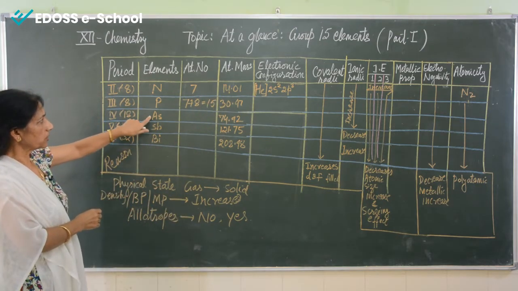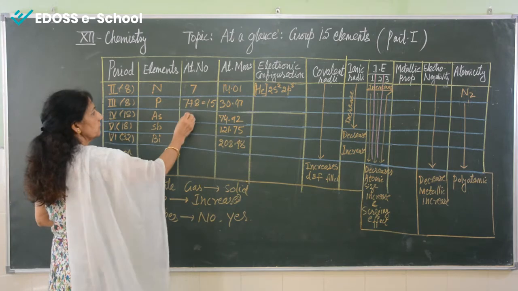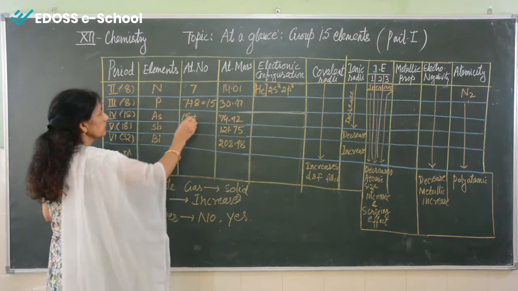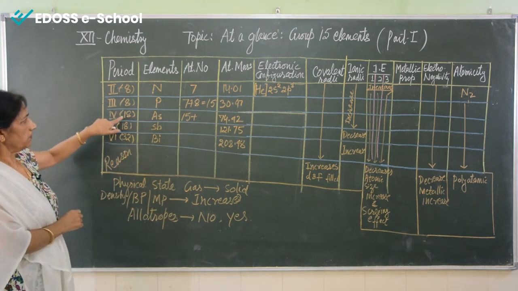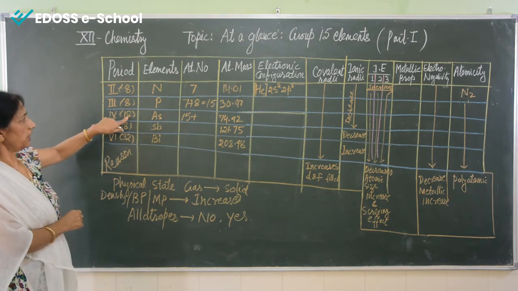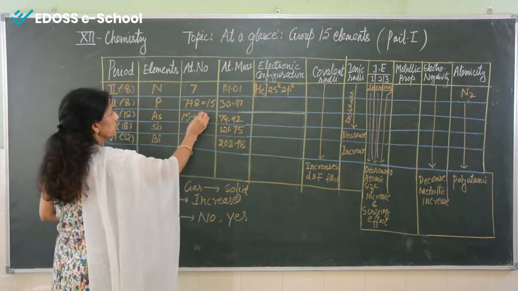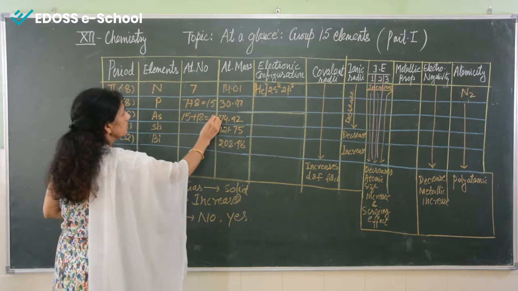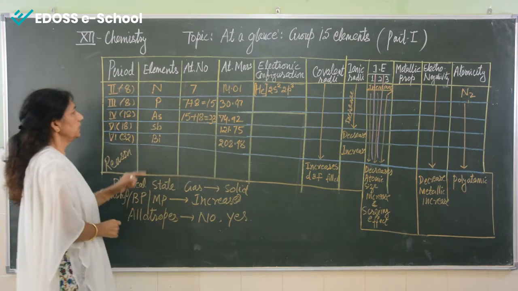To find the atomic number of arsenic, we take this 15 and the total elements present in the fourth period is 18, so we add 18, which gives 33.